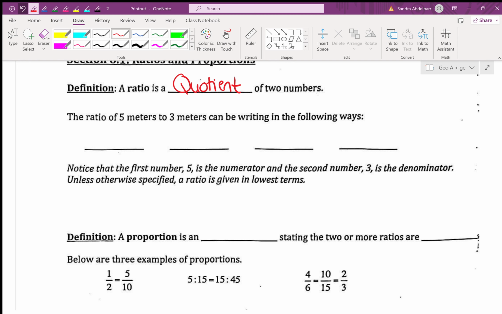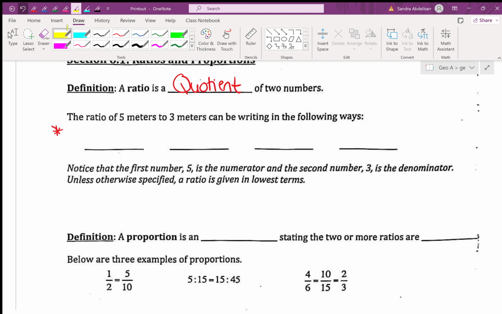So ratios can be written many different ways. When it says the ratio of 5 meters to 3 meters, it can be written the following ways. I'm going to put a star on the first way because that's the way in class we're going to use it the most. We're mostly going to write ratios as fractions. And the order of the fraction does matter.